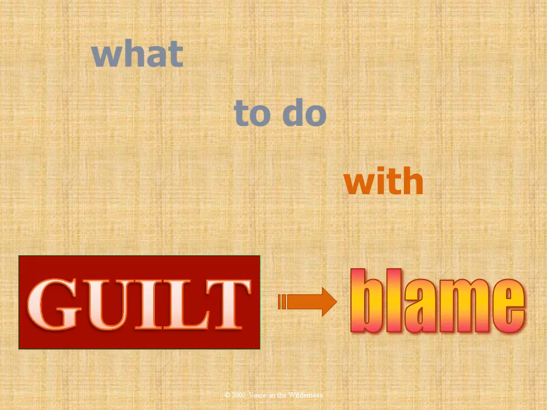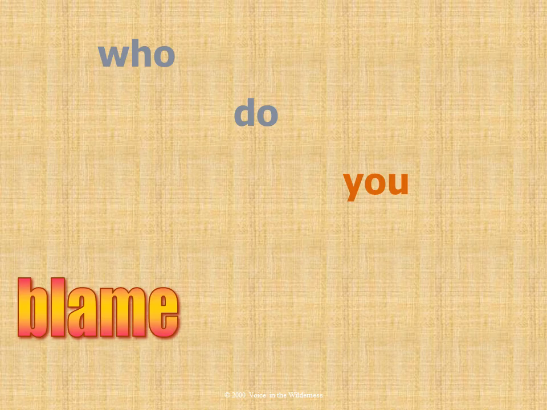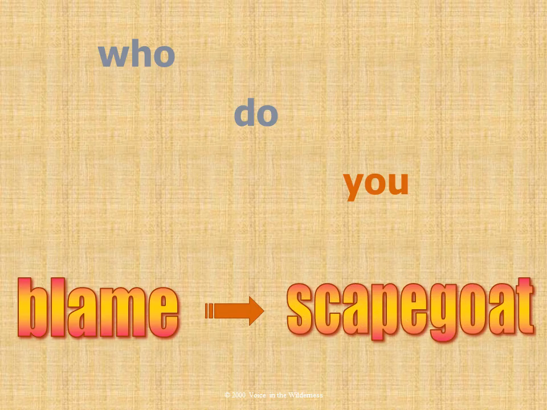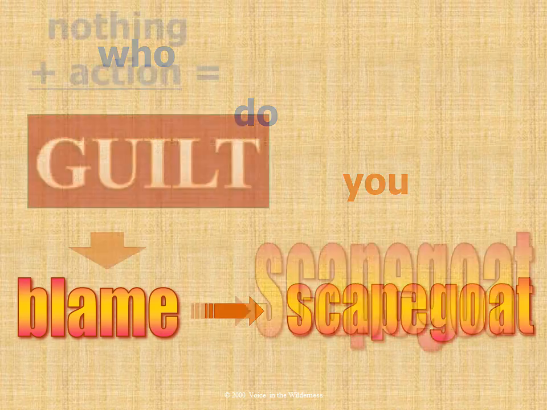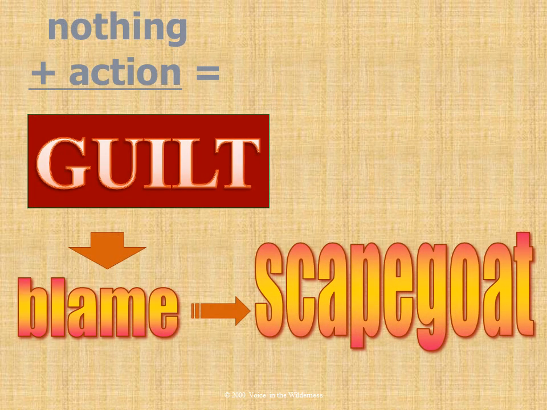You can't hang on to it. And so who is it that we blame? We have a name for the person or the thing that gets the blame. We call it the scapegoat. And so here's the formula in its entirety. You start with nothing. You got a not in your language.